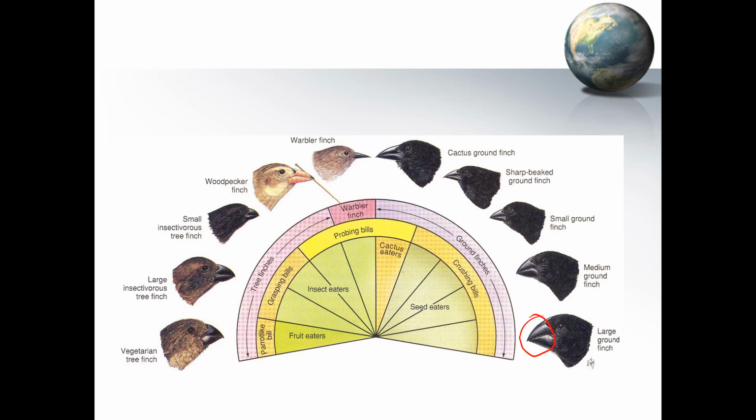So the finch dispersed to the islands, and then depending on food availability, the populations changed. So like here's the large ground finch and the medium ground finch. These right here, it says crushing bills, they're seed eaters. And then we have the finches with the probing bills, and then those that live in the trees and eat insects and fruit.